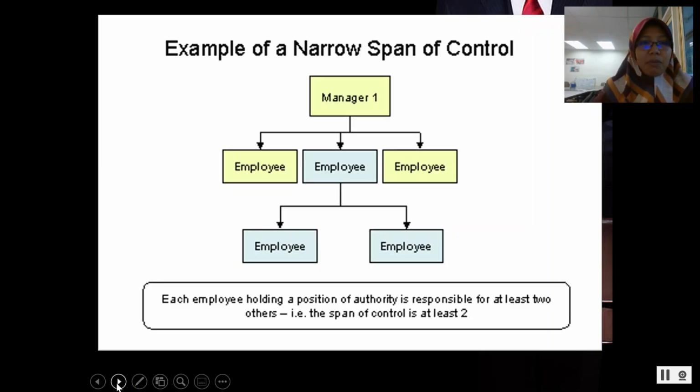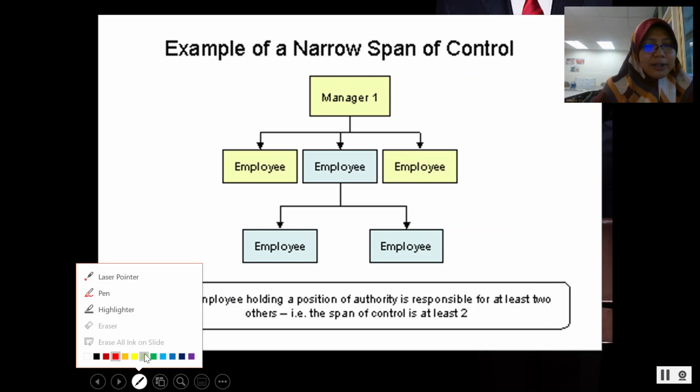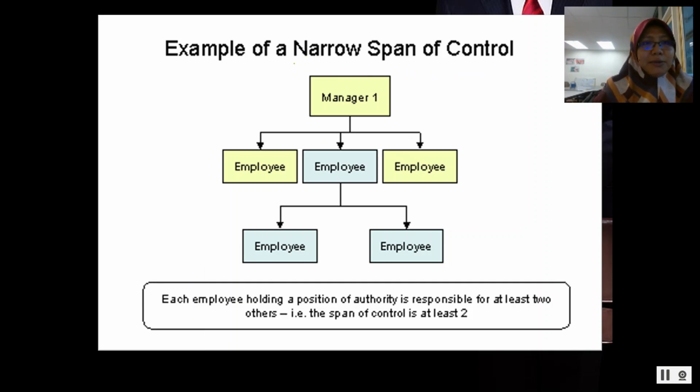So this is an example of a narrow span of control. It's still span of control, but the narrow one. I'm going to use my highlighter. I'm going to choose the green color. So you can see this one, the narrow span of control. Each employee holding a position is responsible for at least two others.